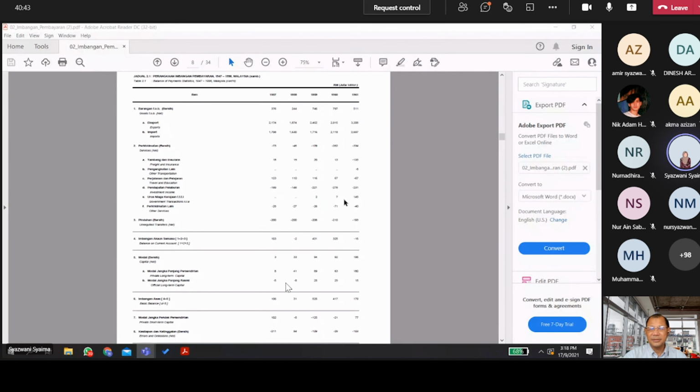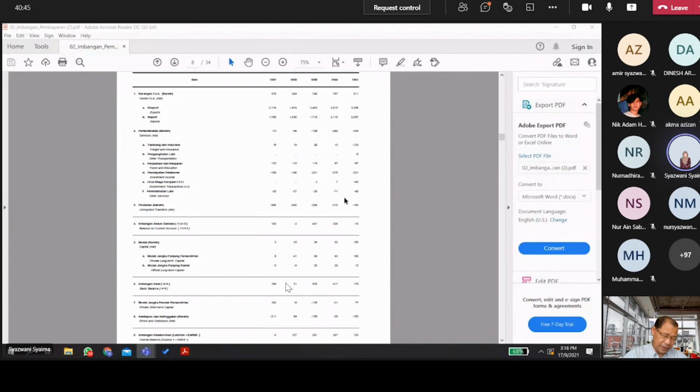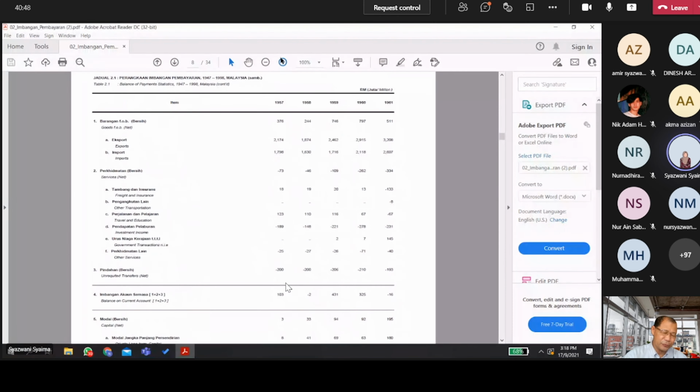The balance of payments? So, graph. Sorry.